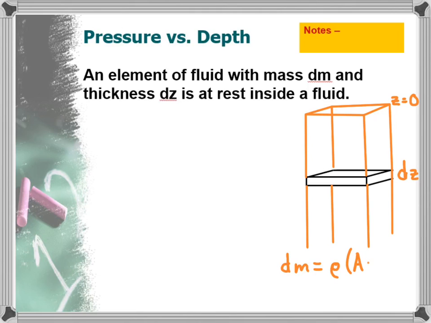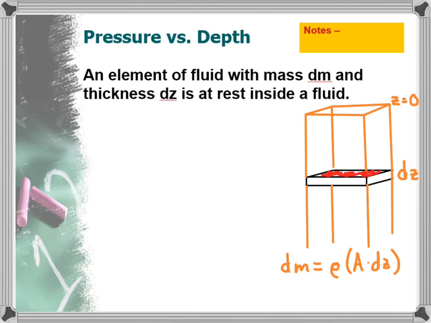And then it has an amount of mass, and we can calculate how much mass that has by taking the density of the fluid and multiplying it times the volume of this infinitesimal slab. The volume of that slab just turns out to be A, the area, times dz. So the area A I'm referring to is this area on top or on bottom here. That's A. Okay?